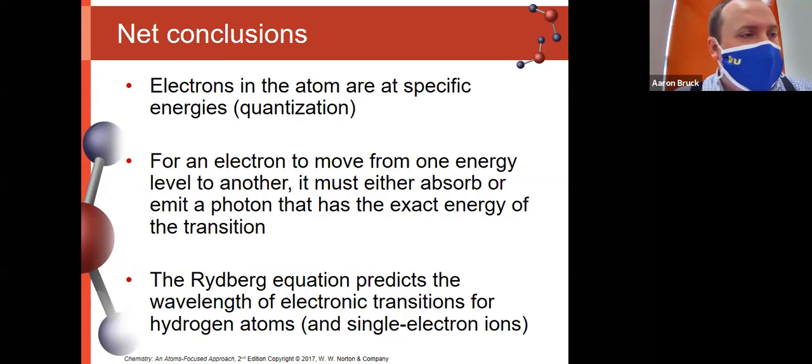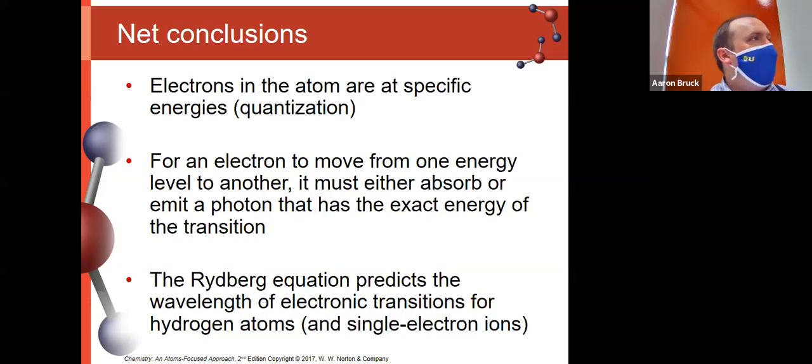And then finally, the Rydberg equation allows us to predict the wavelength. And with the wavelength, we can also find out the frequency and energy using those equations from Monday. For any electronic transition that exists between hydrogen atoms or any other atom that is of a single electron origin.